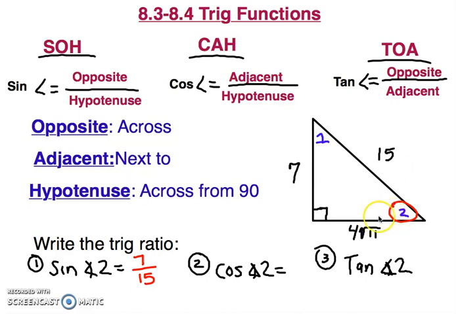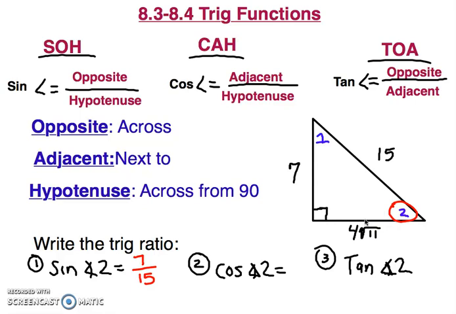You have this side as well as this side. This side right here is actually the hypotenuse. Since it's already the hypotenuse, we are not going to use it as our adjacent side. So for cosine, our adjacent side has to be the 4 square root of 11. It's right next to it and it touches it.